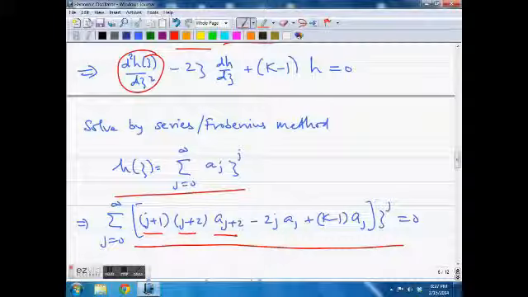So I have to start with the term xi to the j plus 2 in order to end up with something that looks like xi to the j, but the xi to the j plus 2 comes multiplied by a_{j+2} according to this equation right here. So that's why I have an a_{j+2}, and since I've taken two derivatives of xi to the j plus 2, I get one factor of j plus 2 the first time and a factor of j plus 1 the second time.